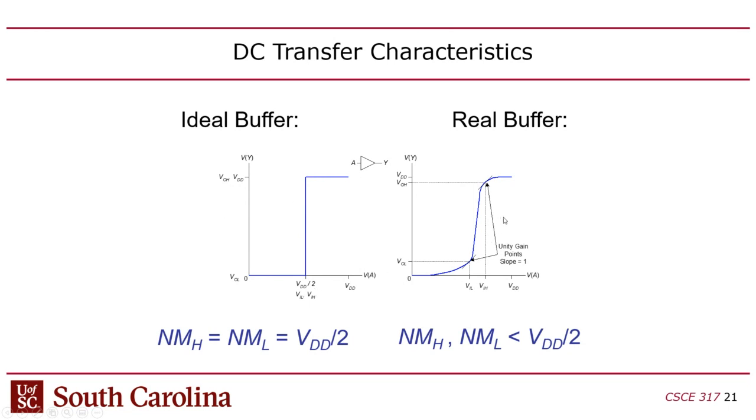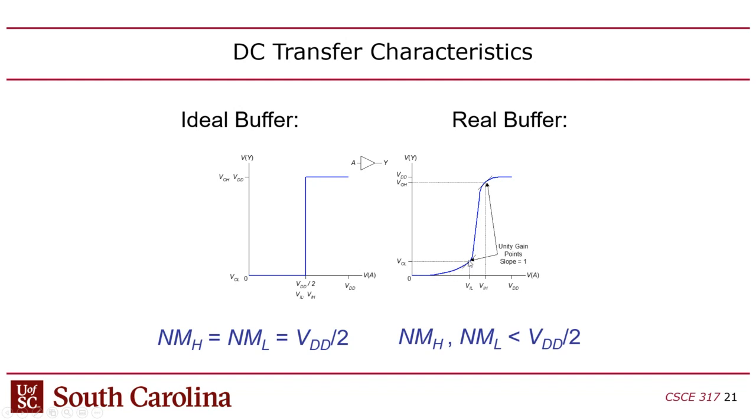But in reality, we know from having walked through this with the inverter that it doesn't actually look like that. It looks more like this S-type shape, where as you increase the input voltage, you see a gentle rise in the output voltage, where you're in the linear mode of the pull up transistors, right?